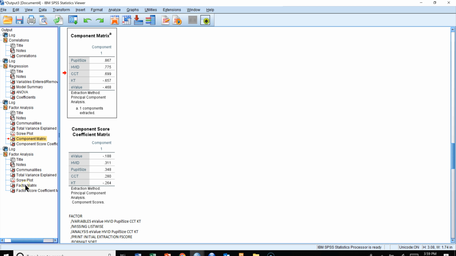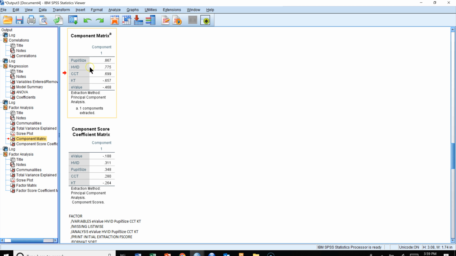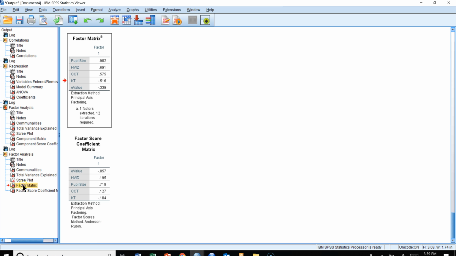So it's a little bit more related. 0.691 is HVID. 0.775. So you can see that the correlation with the underlying variable is tighter because we've picked this principal axis factor analysis instead of just finding the mathematical reduction.